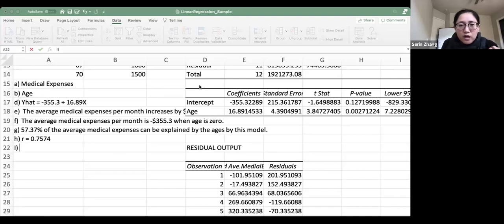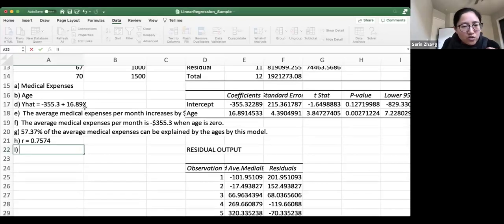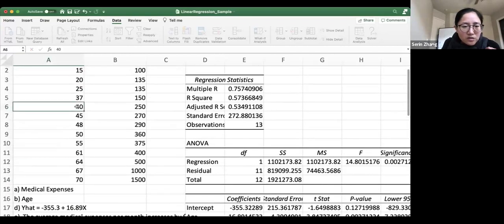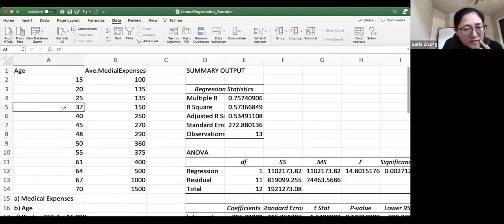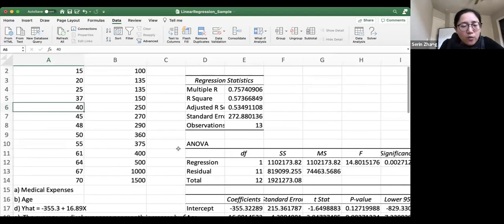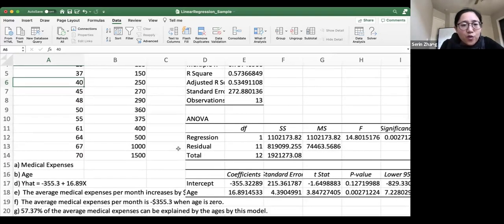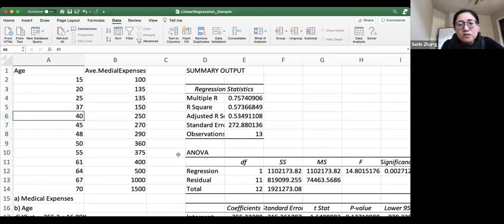Do we have the age of 40 in our data? Yes, we have one. So let's change this, not 40, but 30. What is the predicted value for age of 30? What are the predicted medical expenses for the age of 30?